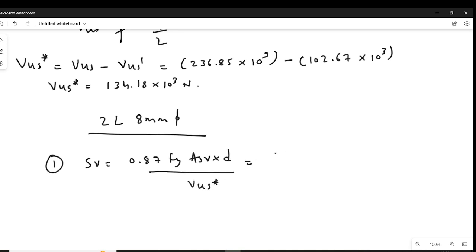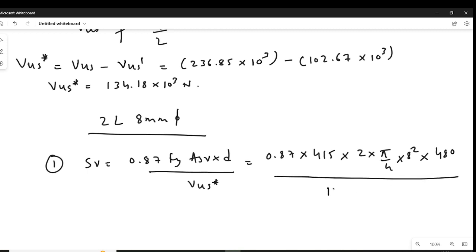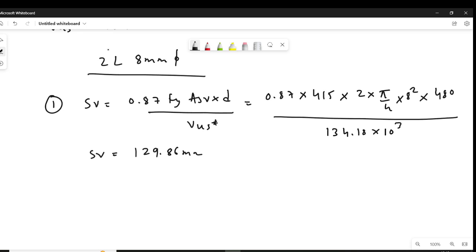Just substitute the values: 0.87 into Fy 415 into Asv. We are providing two-legged 8 mm bar, so 2 into pi by 4 into 8 square into d, which is 480, divided by Vus star, 134.18 into 10 to the power 3. After solving, Sv value is 129.86 mm.